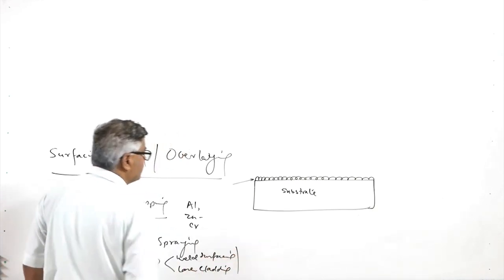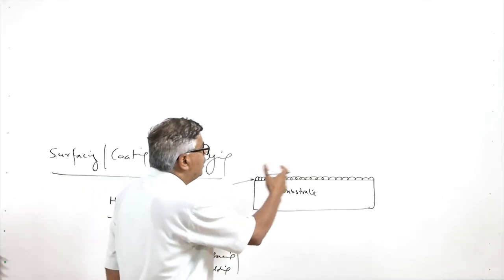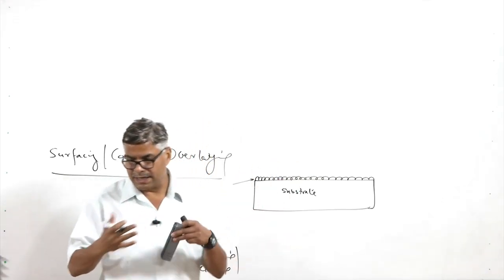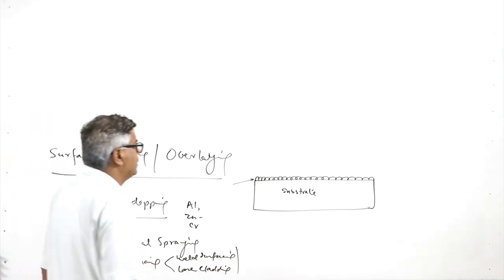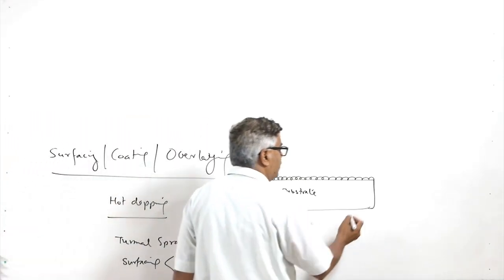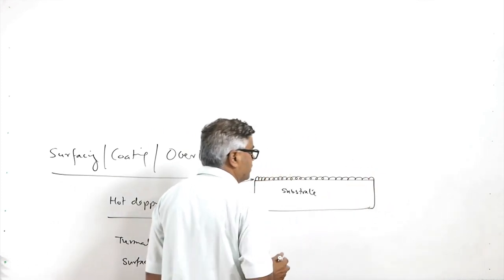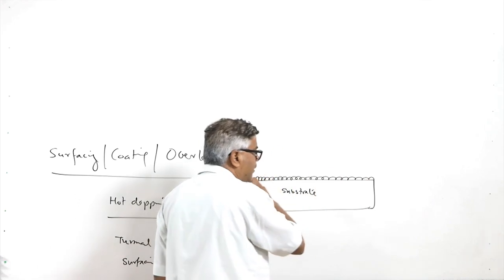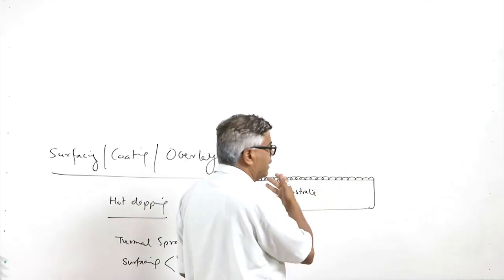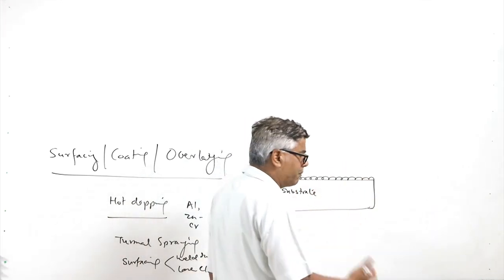In all these methods, a layer of material having the desired set of properties is deposited, applied or developed on the surface of the substrate, and once this is developed, we machine it so that the required dimensions and surface finish can be achieved.